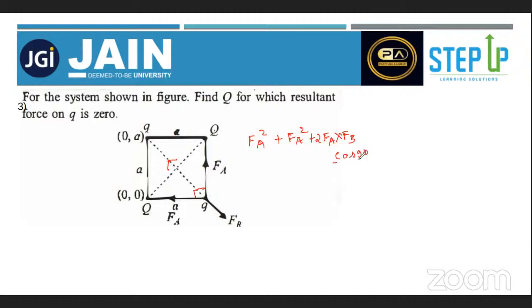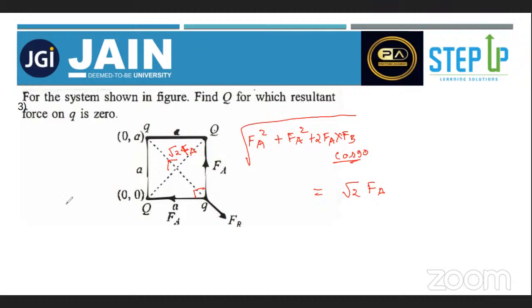Cos 90 is 0, so under the root this value is 0. So the resultant will become root 2 FA.